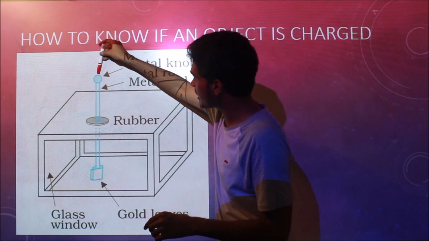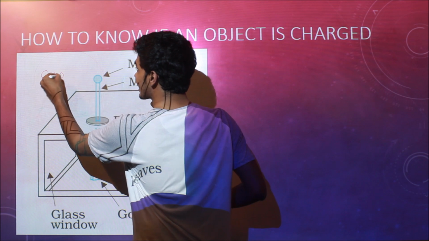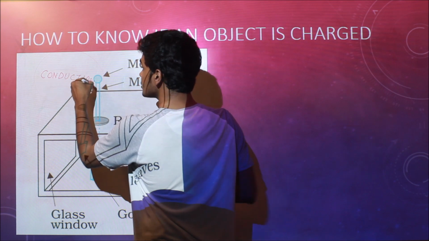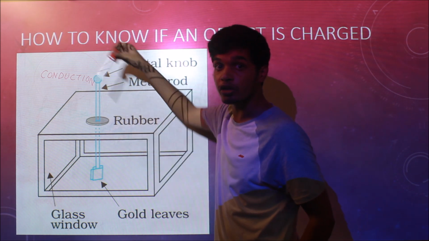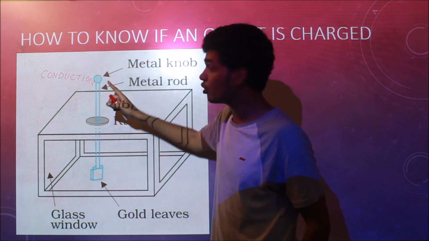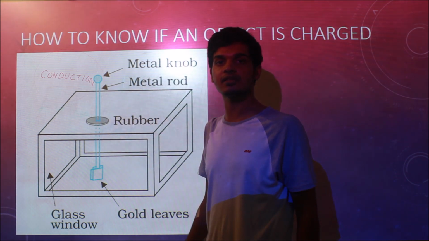By the method of conduction, the positive charges from this pen will move into this rod. It will not only move, it will travel through this rod and reach the gold leaves.